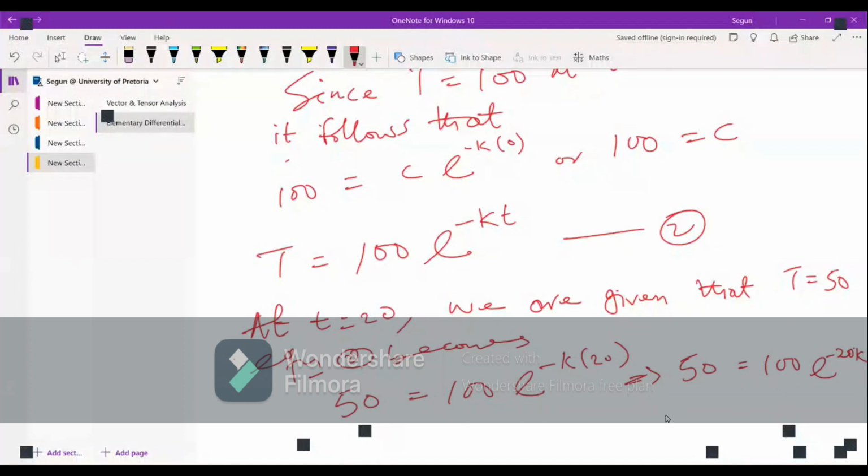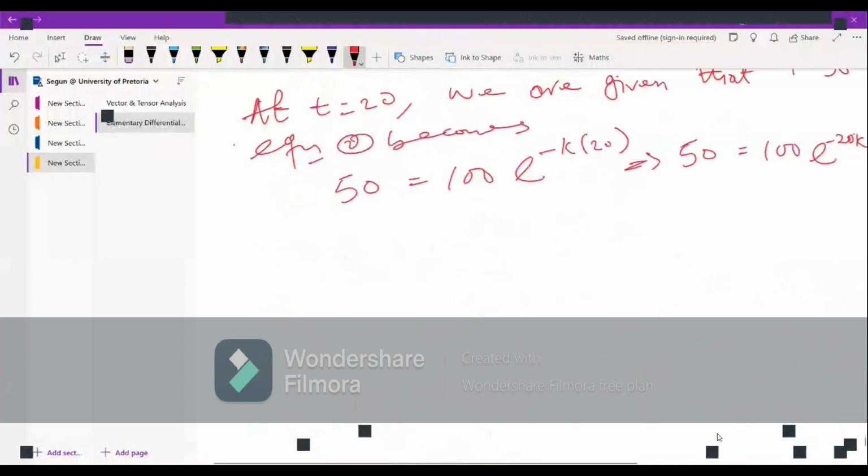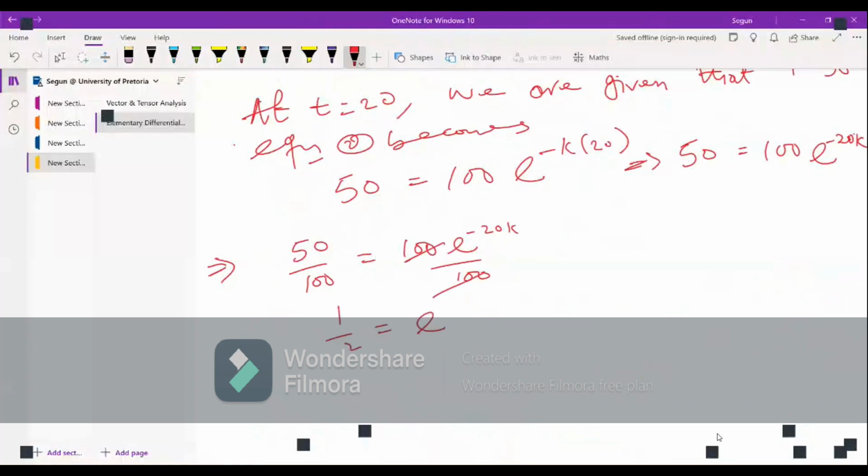Now that we have exponential minus 20k, we can divide both sides by 100. You have 50 divided by 100 equals to 100 exponential minus 20k divided by 100. This goes with this. 1 over 2 equals to exponential minus 20k.